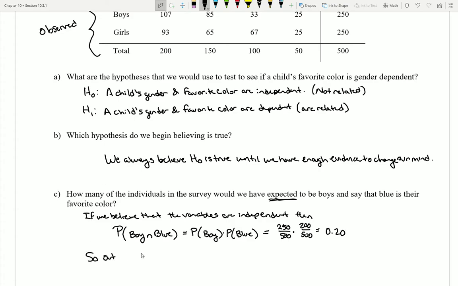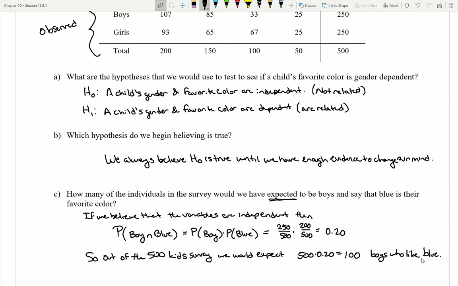So out of the 500 kids surveyed, we would expect, let's see, 20% of 500, which I think is going to be 100 boys who like blue.